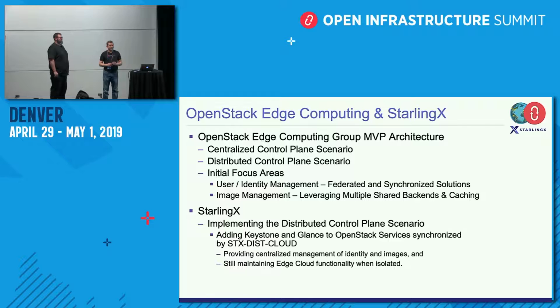And then, like I've shown you here, the 2 activities in StarlingX for edge computing were the synchronization of Keystone and getting the spec written for the Glance edge caching. I think we're done. Any questions?